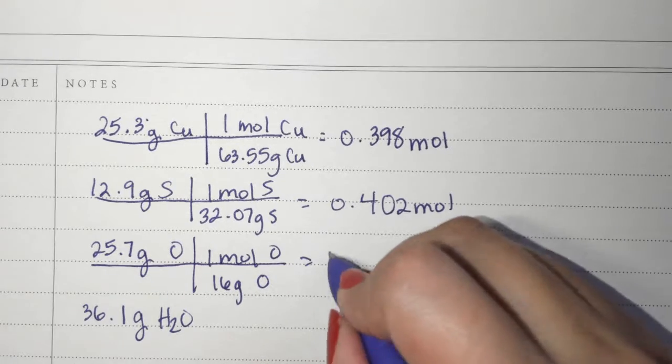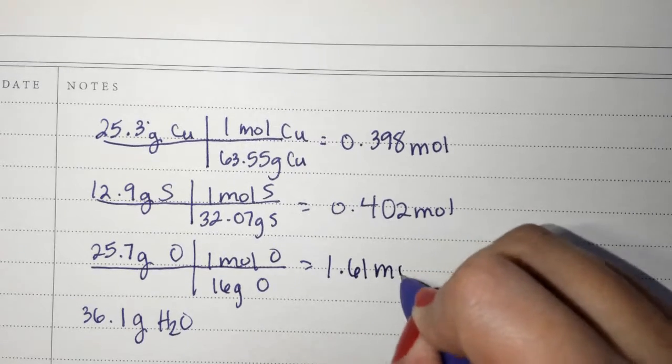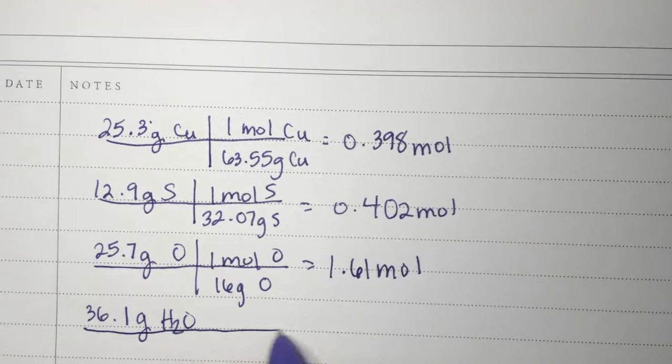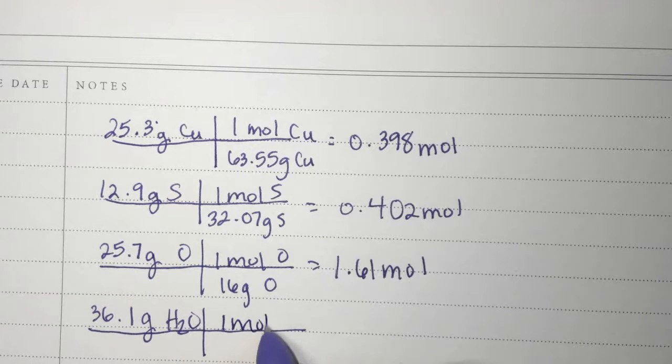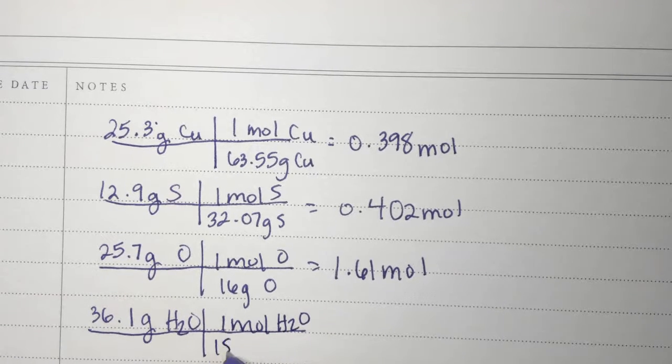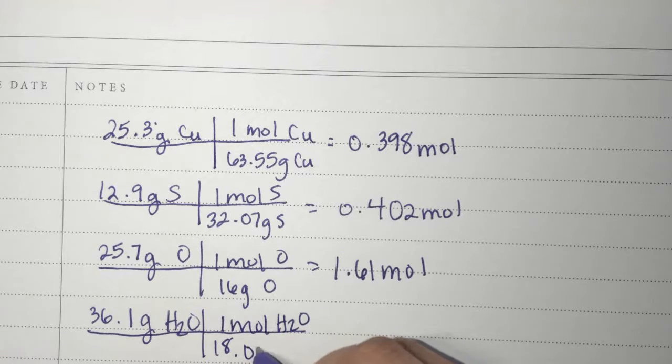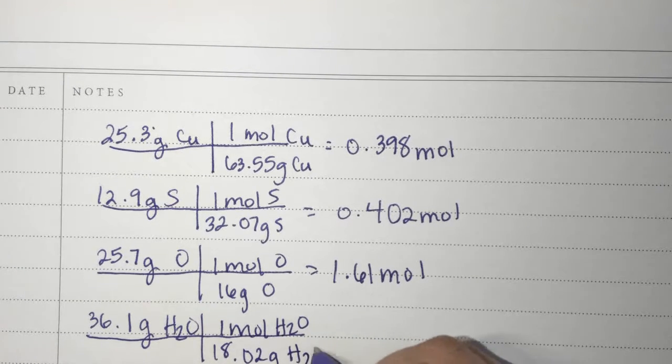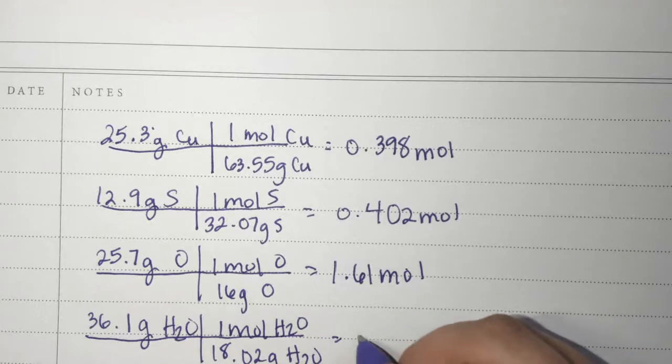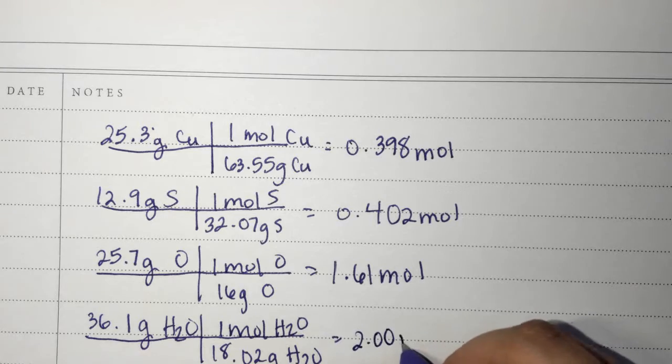And you get 1.61 moles. And then lastly, we take 1 mole of H2O and put it over the formula mass, 18.02 grams of H2O. Grams, of course, will cancel out, and when you plug that into your calculator, you get 2.00.